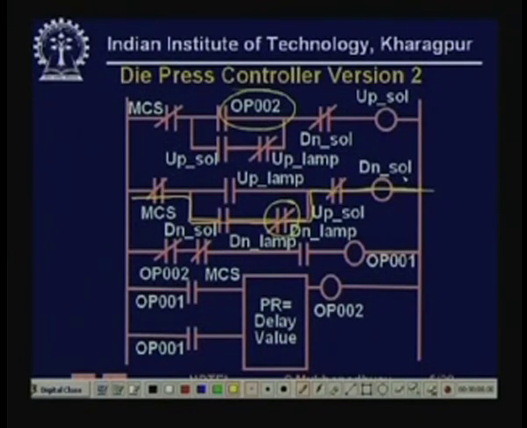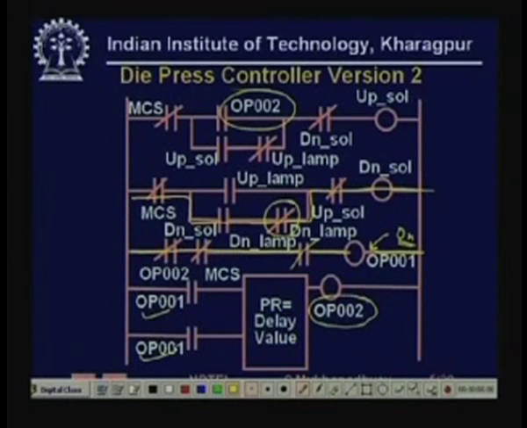Initially the OP002 is off, so this is off and the MCS, the master switch, also becomes off. So initially supply was coming up to this. Now the down lamp has become on, so immediately OP001 becomes on. When OP001 becomes on, the timer is enabled and it is timing.